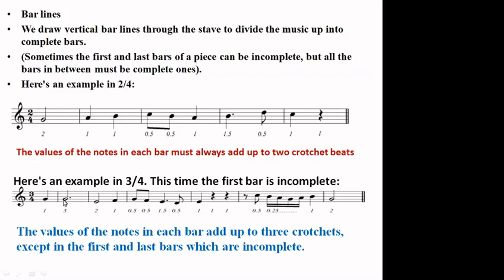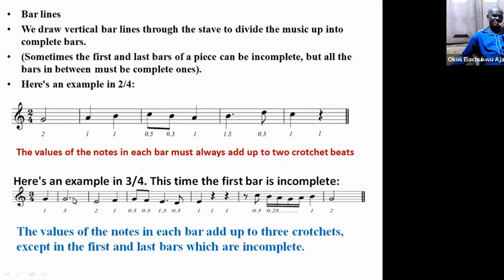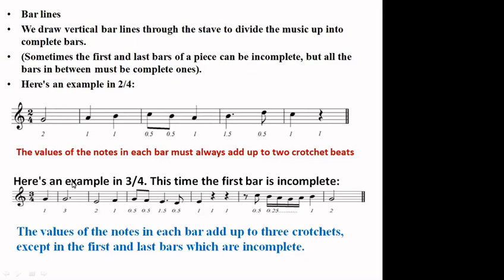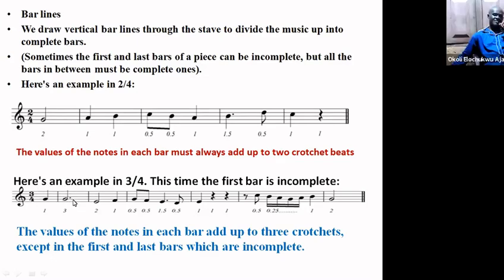So even though it is dotted, when you count it 1, 2, 3, it is complete. It completes 3 crochet beats in this bar. It must not be more than 3 crochet beats in this bar. If you add any other notes here, it is wrong, because it must be 3 beats in this bar.